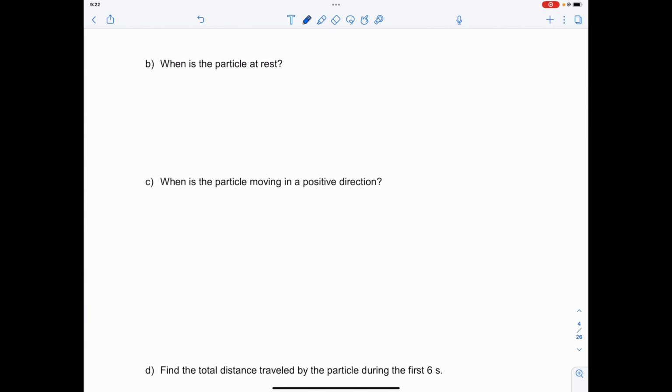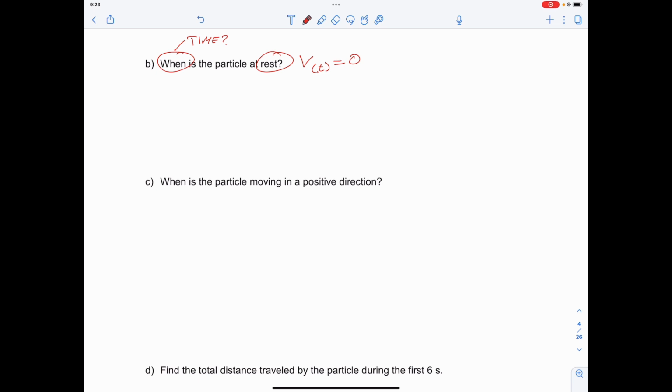When it says, when is the particle at rest? Well, at rest is a fancy way of saying the velocity is equal to 0. When it says when, we're just trying to solve what the time is.